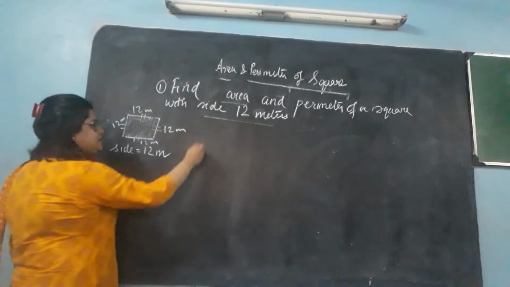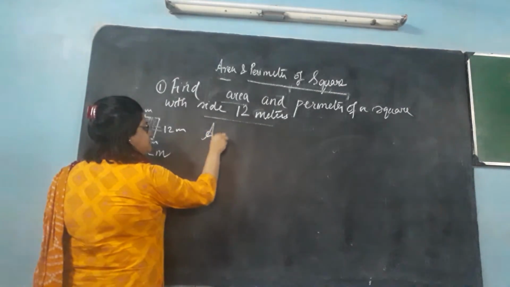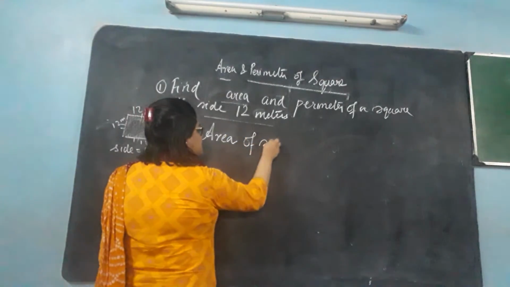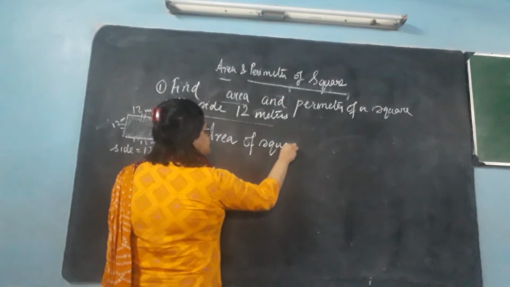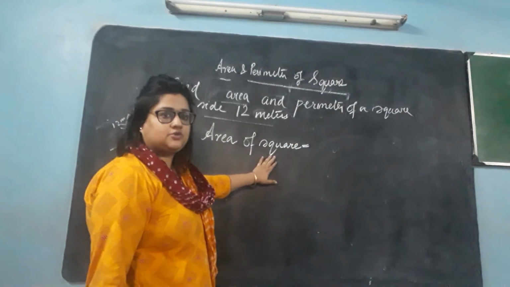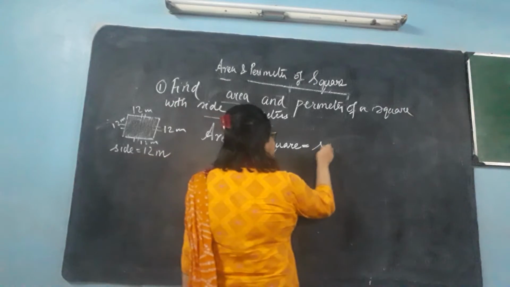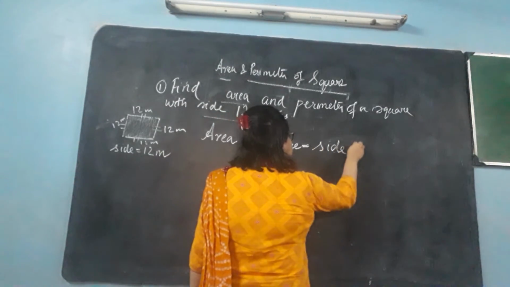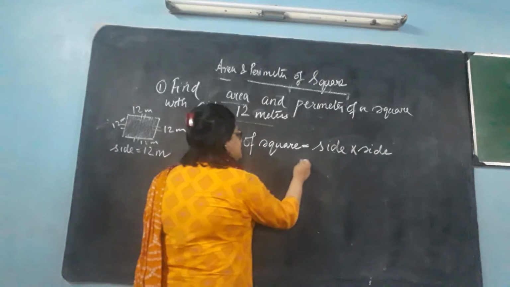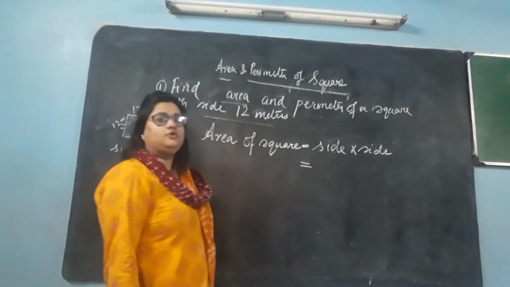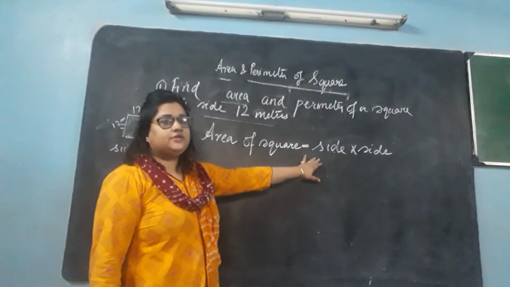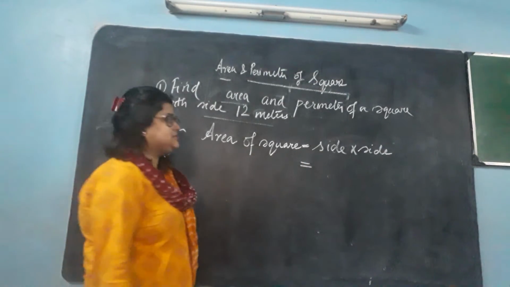So how will you find it? You should know the formula by now from the previous video: area of a square, or space inside the geometrical figure, equals side into side. Now when you know the formula, you can do the sum. The side value is already provided, 12 meters.